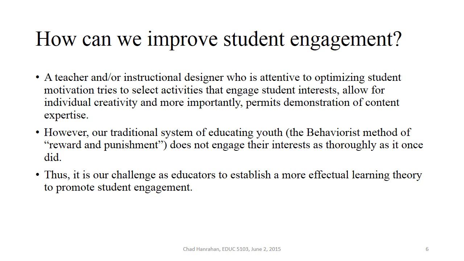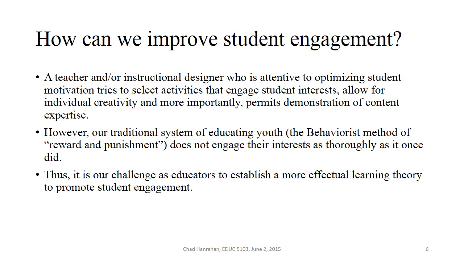But as I get better at this, I'm over 10 years in, I'm realizing what works, what doesn't work, what's absolutely necessary to be done, and what maybe you can modify or tweak to make a little bit more enjoyable. Now, what I do notice, though, in our traditional system of educating youth, like the behaviorist model of reward and punishment, it doesn't really engage their interests as thoroughly as it once did.